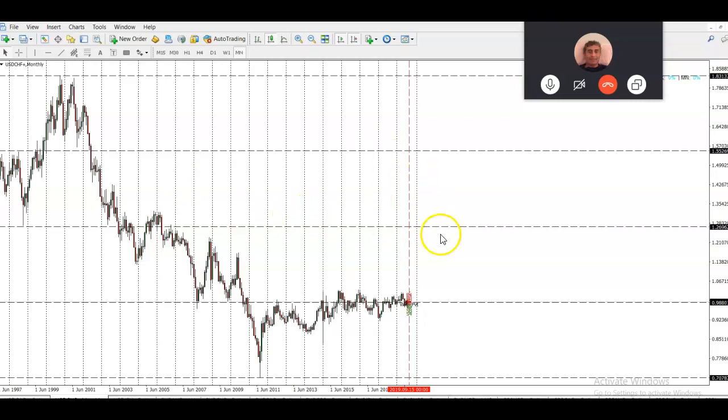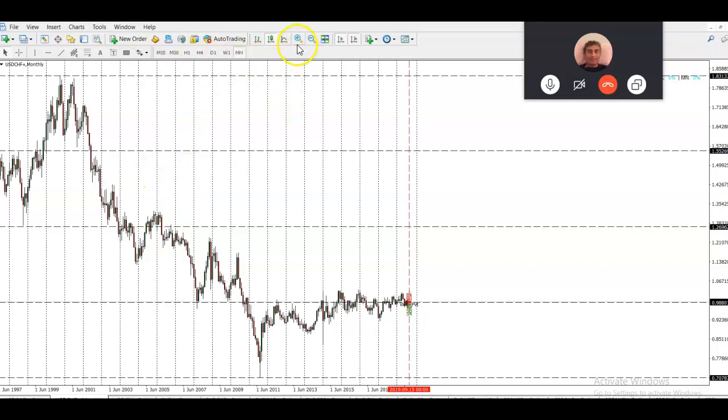When it does move up, it's likely to head up to the 50% area, and when it starts moving up out of here, it's likely to head up to the 25 and then right up to the new all-time high. So these are just key areas that you like to have marked on your monthly chart, key trading zones.